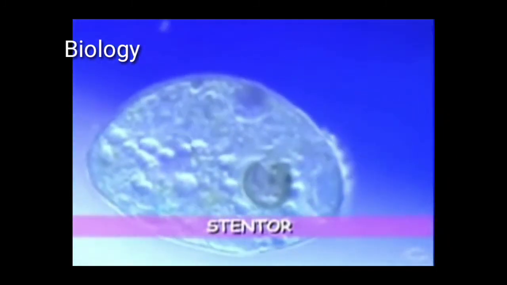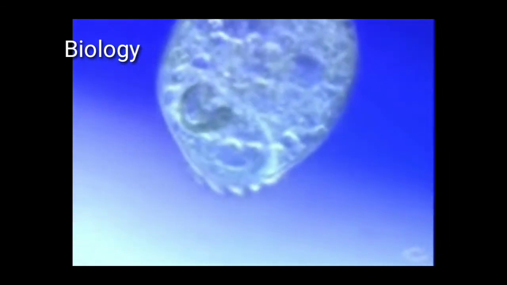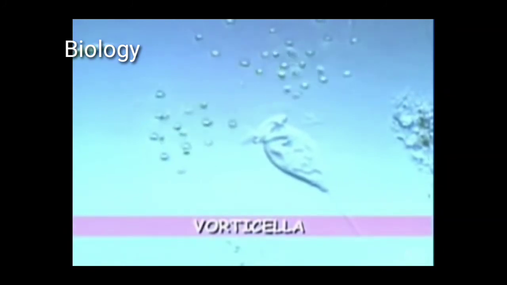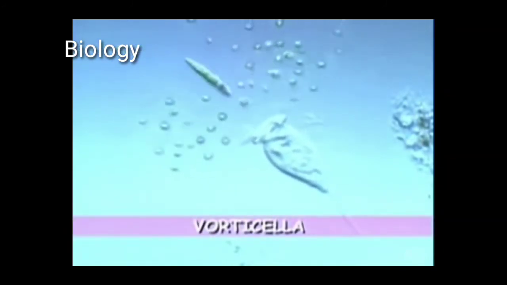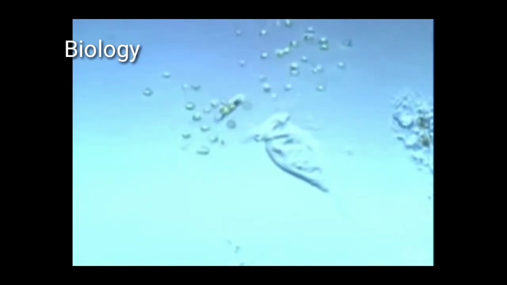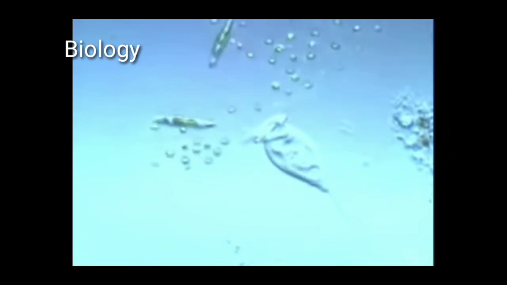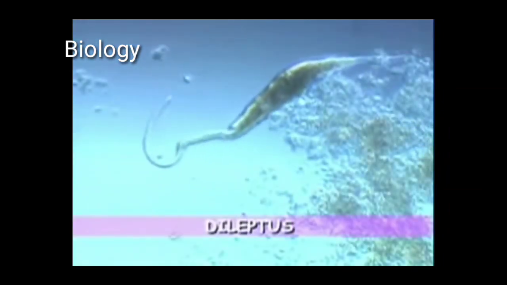And this is the stentor. At the anterior region it has cilia, and by means of cilia it moves from one place to another. And this is the vorticella. The vorticella creates a water current, through which it can capture its food. And this is the Dileptus.